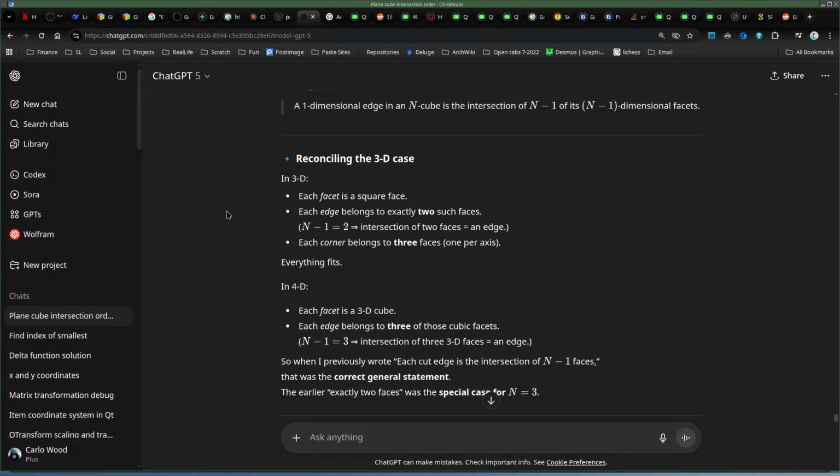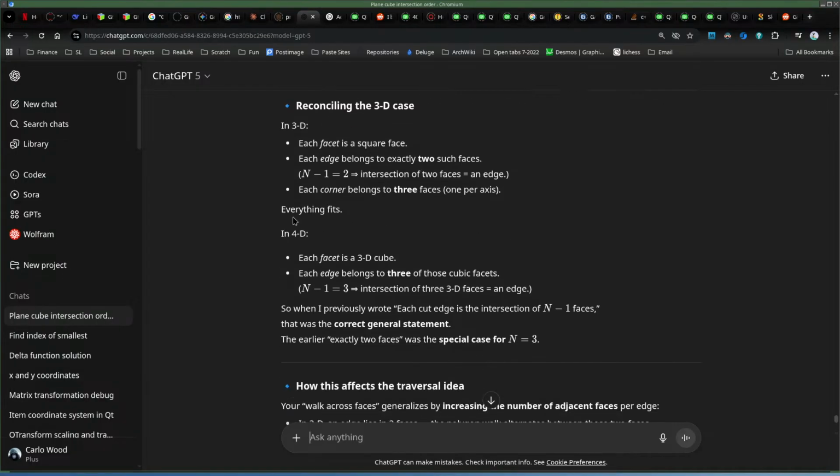In 3D, each facet is a square face. Each edge belongs to exactly 2 such faces. n-1 is 2. Intersection of 2 faces is an edge. Each corner belongs to 3 faces, 1 per axis. Everything fits in 4D. I would rather do it in ND directly, but okay. Each facet is a 3D cube.